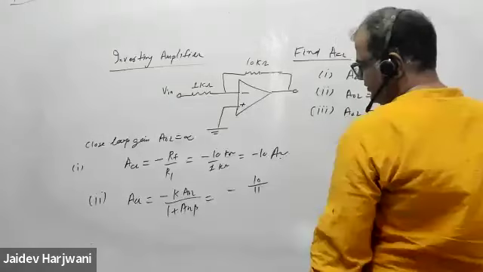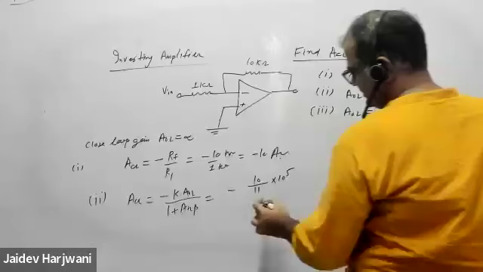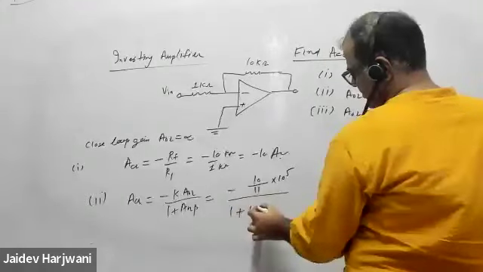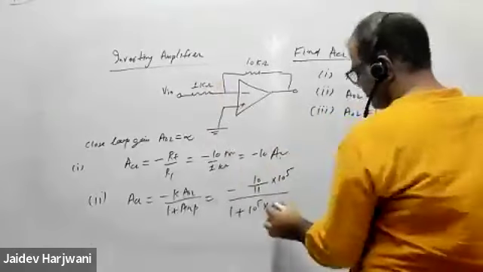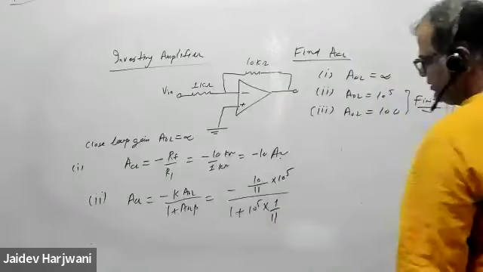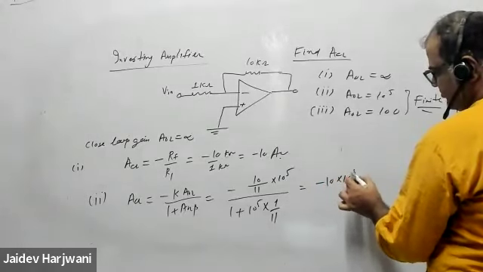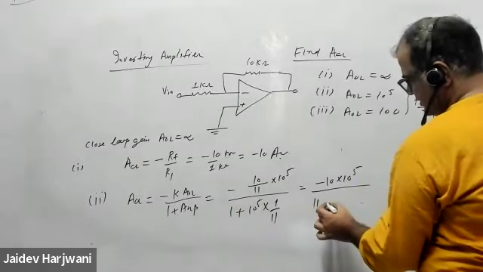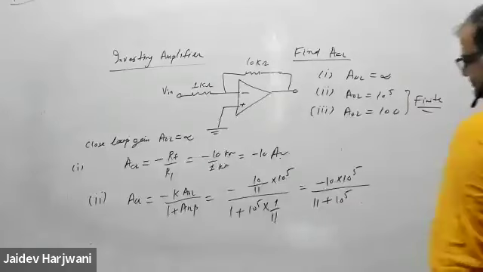This is your K. AOL is 10 raised to power 5. 1 plus AOL beta, where AOL is 10 raised to power 5 and beta is R1 upon, 1 upon 11. So this will come minus 10, 10 raised to power 5, and here 11. 11, 11 cancel.